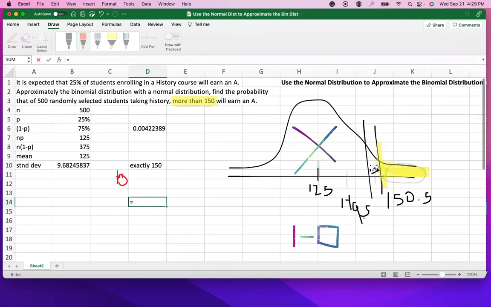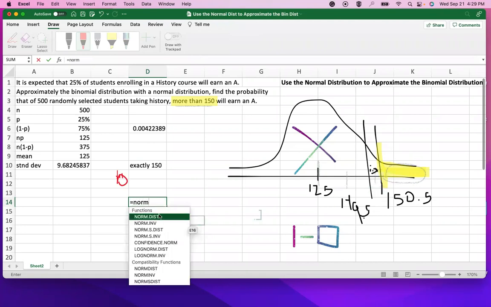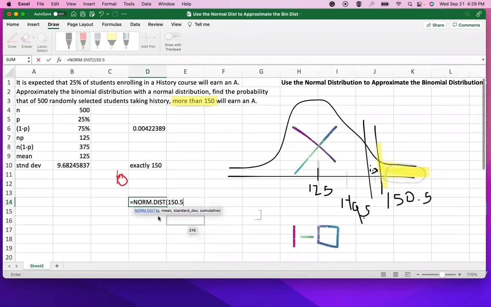So I'm going to take my normal distribution of 150.5, the mean, standard deviation, 1, and subtract the normal distribution for 149.5, comma, mean, comma, standard deviation, comma, 1. And you can see that it's a 0.14735% probability of exactly 150.